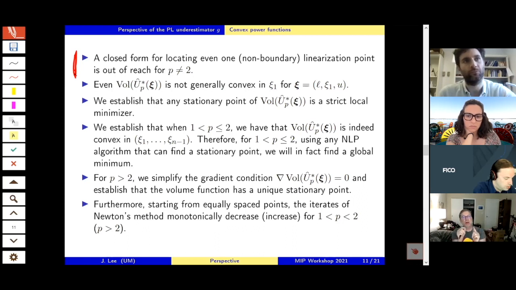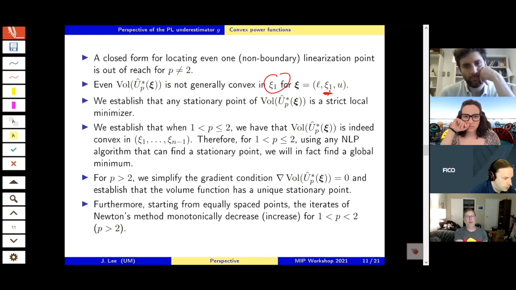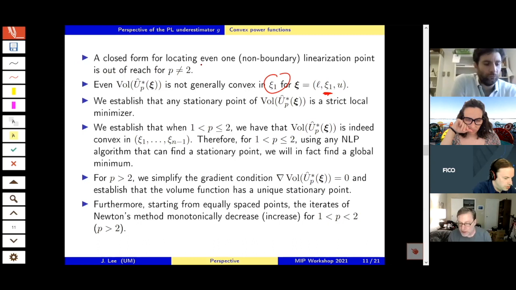So if you just want a closed form expression for where should I put one linearization point between L and U, and it's not a quadratic function, that seems to be out of reach in terms of closed form expressions. The volume function is not even generally convex in the location of that one linearization point. So that's part of the reason why you can't expect a closed form expression.